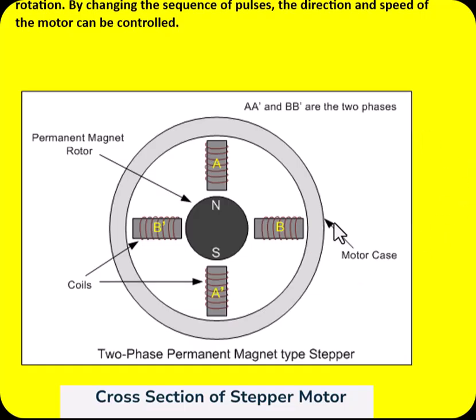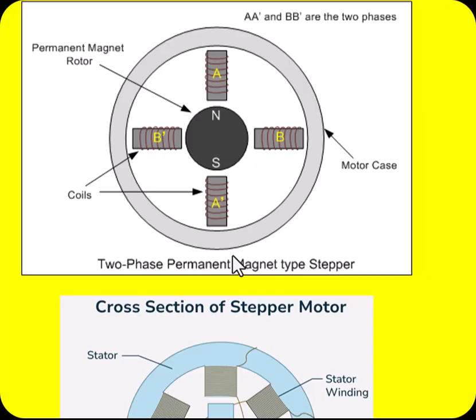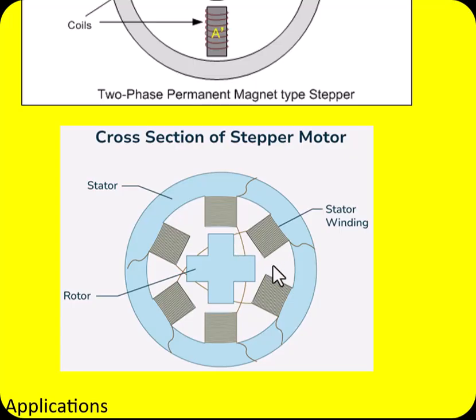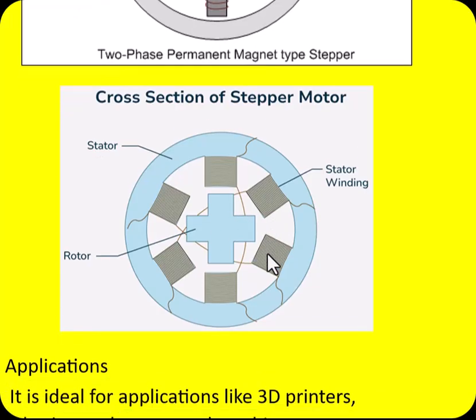So we have this stator like this, and it has the A dash coil and B dash, and the rotor has the permanent magnets, that is, this is north pole and this is south pole, this is permanent magnet. Similarly, the same stepper motor can also be shown like this. This is the rotor with permanent poles, whereas this is the stator winding and this is the stator. If the stator is connected to the supply and its energization changes with respect to time, then automatically the rotor will follow the stator magnets.